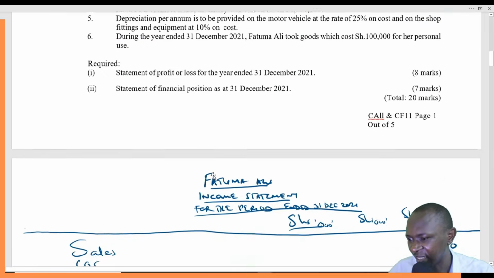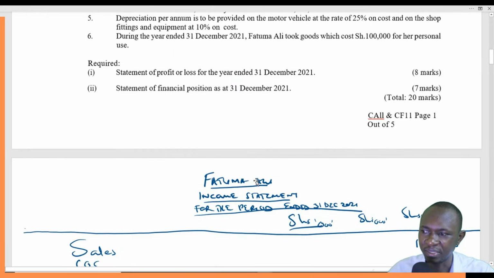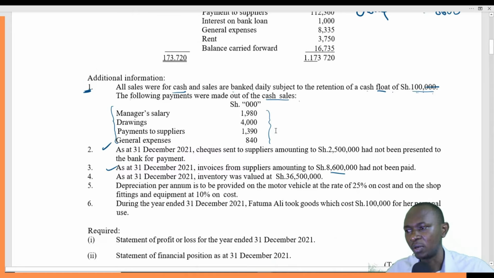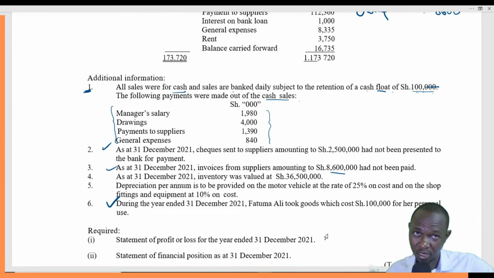And if we are selling the goods to her, then it means we will add to our sales that 100, so that our sales now will become 132,130. Please, let's add the 100. This one we were almost forgetting. But you can as well treat it under the purchases and remove it from the purchases, to assume that we did not buy.